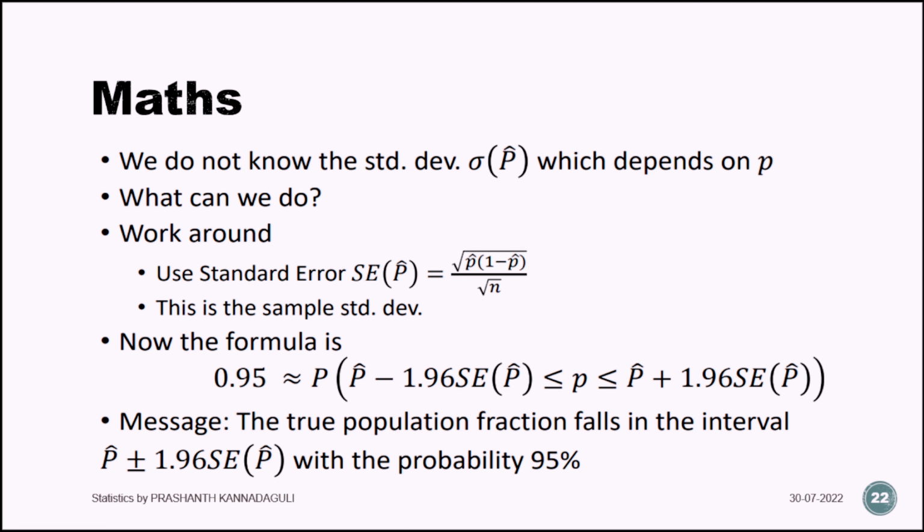So instead we introduce a similar term which can be calculated using the p cap itself, because I know that the p cap is in the vicinity of p. It follows a distribution whose mean is equal to p, which means p cap is bounded to p. I can make that statement.